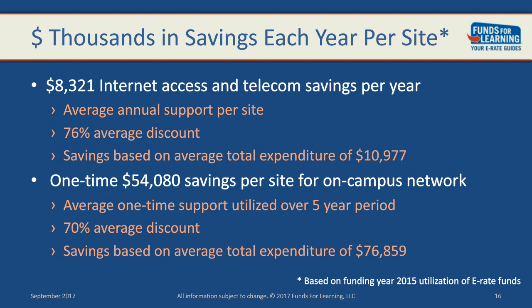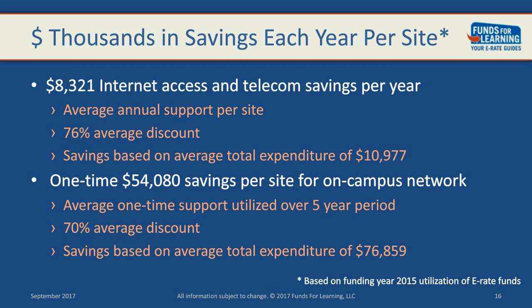Similarly, if you look at the Category 2 discounts, again, these are internal connections, wireless access points, routers and switches and so on. On average, there was about $54,000 in E-rate discounts provided for on-campus networks. That's based on an average 70% discount for a total project cost of about $76,859. We'll just call it $77,000 and change. So nationwide, about $77,000 at each site that was participating in this Category 2 opportunity, receiving about $54,000 worth of discounts.